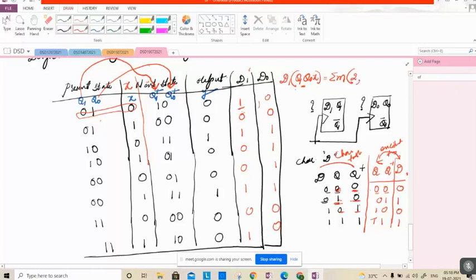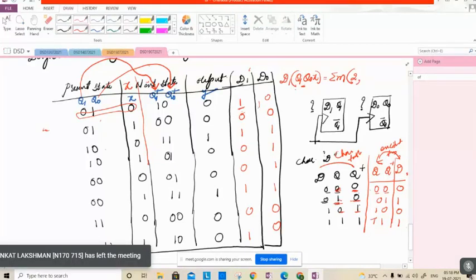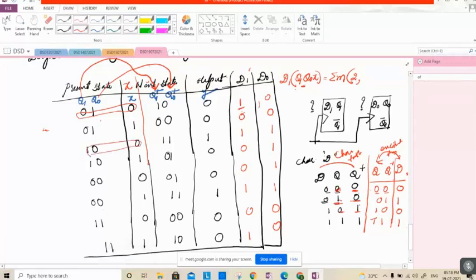The first one need not always be minterm 0, since we are not following the sequence here. Conceptually it is equal to 2. Then this is another case, and another case here. So the minterms are 2, 4, 1 and 7.